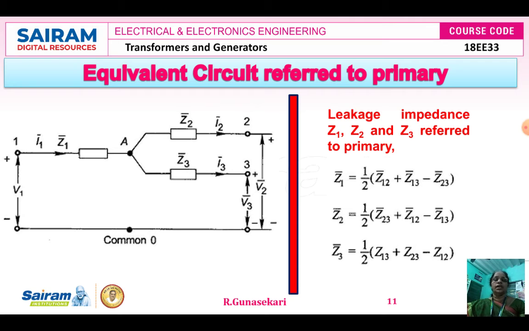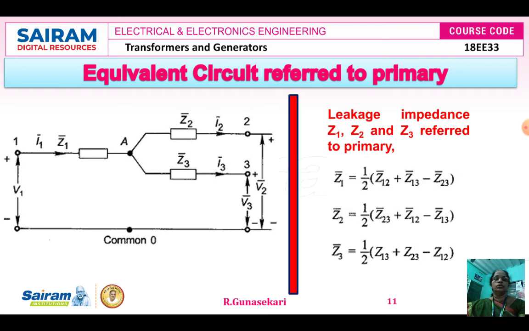Now we calculate the leakage impedances Z1, Z2 and Z3 referred to the primary side. That means all the winding 2 and winding 3 parameters are converted to the primary winding side. Now Z1 vector is equal to 1 by 2 into Z12 plus Z13 minus Z23.